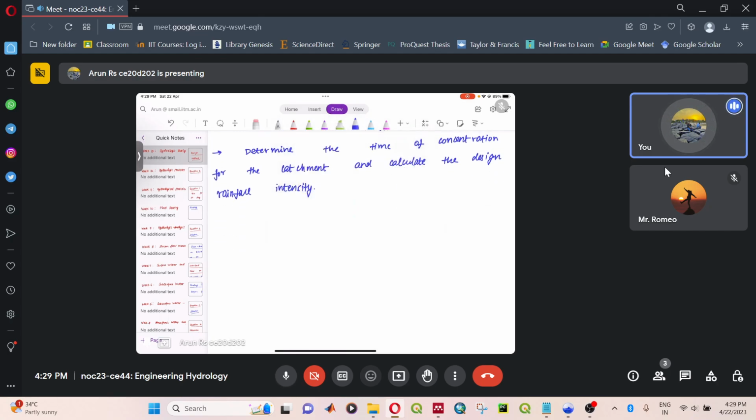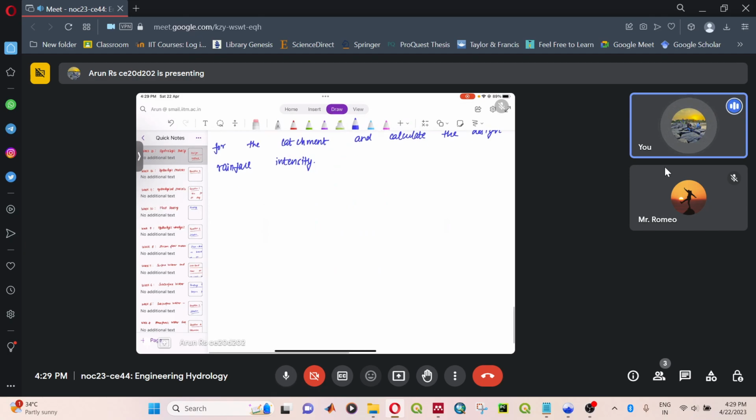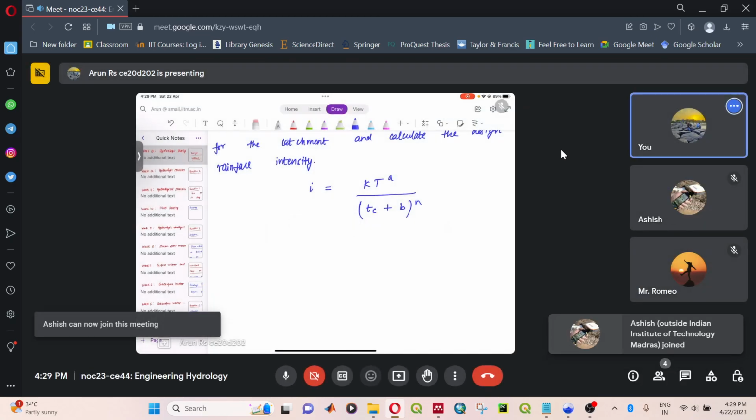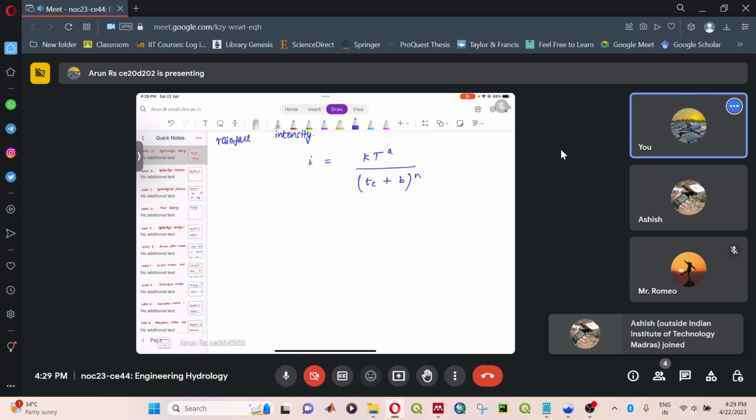Otherwise, these IDF graphs can be represented by an equation. So that is, intensity is equal to K T power A divided by (time of concentration plus B) power N. So here K, A, B and N are constants.